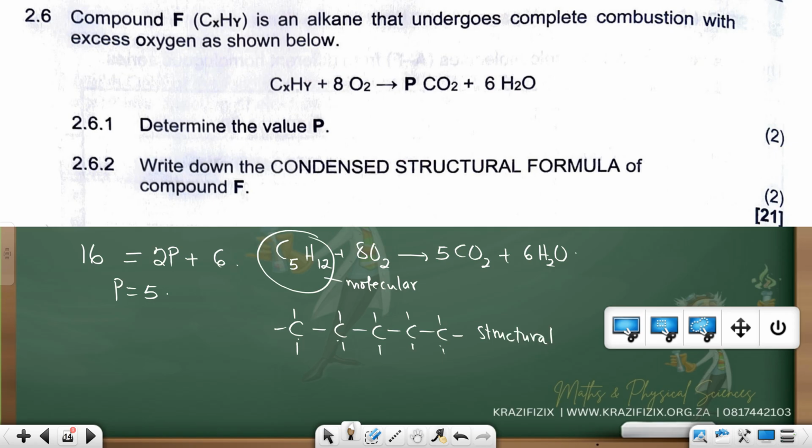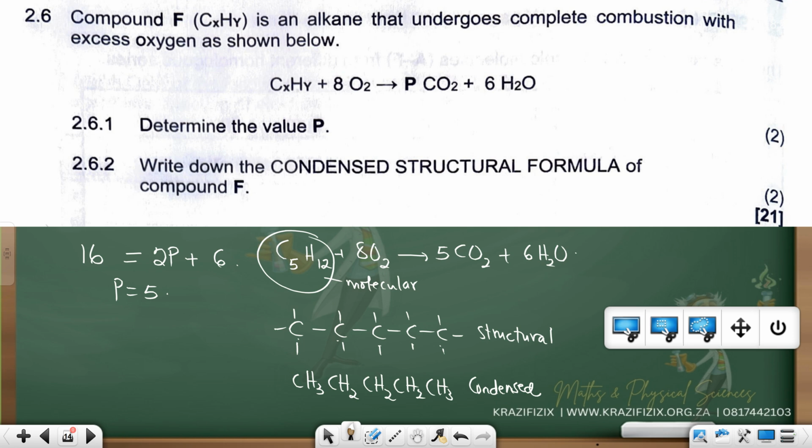But I want condensed. So I'll go branch by branch: CH3, CH2, CH2, CH2, CH3. This is the condensed one. So let's know the difference between the three. No, just write it like that.